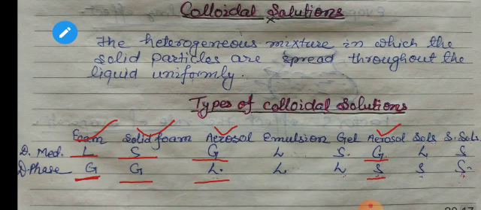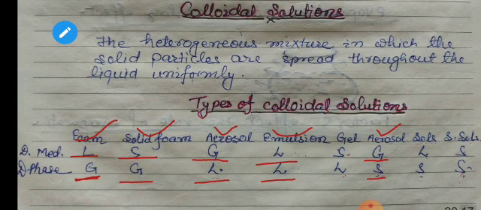After this, fourth, emulsion. To be an emulsion, both the dispersion medium and the dispersed phase should be liquid, but these two liquids must be immiscible. So an emulsion is made up of two immiscible liquids.